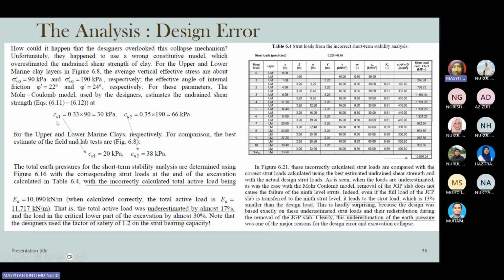The designer used an undrained strength for the upper layer of 30 kPa, and for the lower layer 66 kPa. But from the SI reports, the original data for the upper clay undrained strength is 20 kPa and the lower clay is 38 kPa. So this is quite a double estimation compared to the real one.